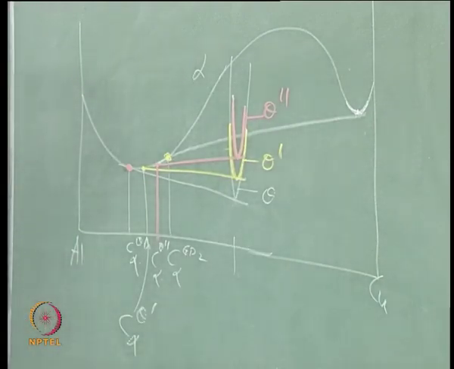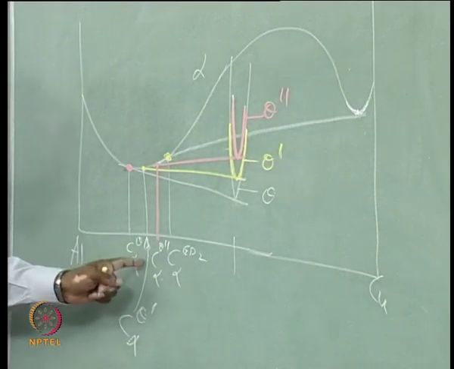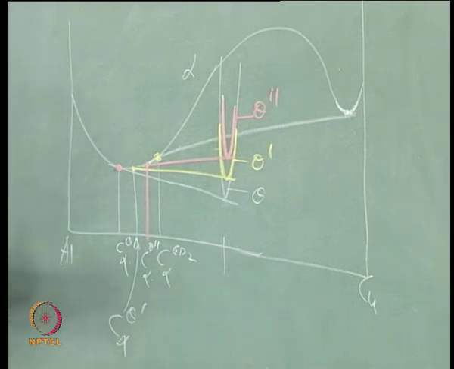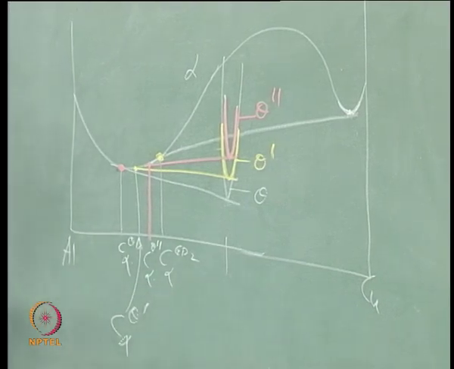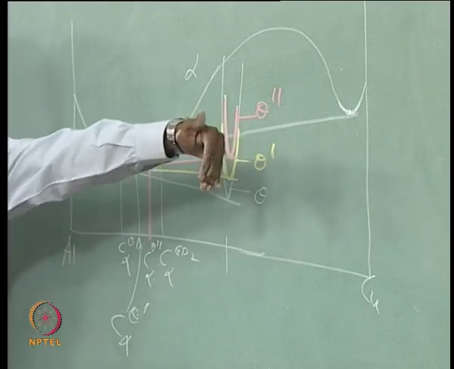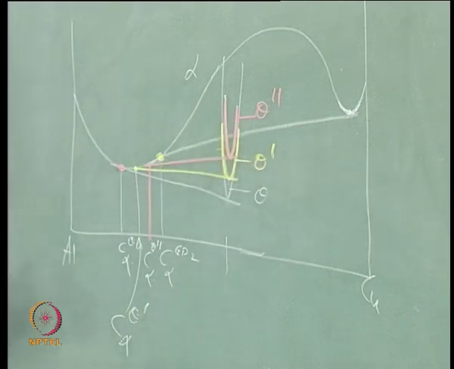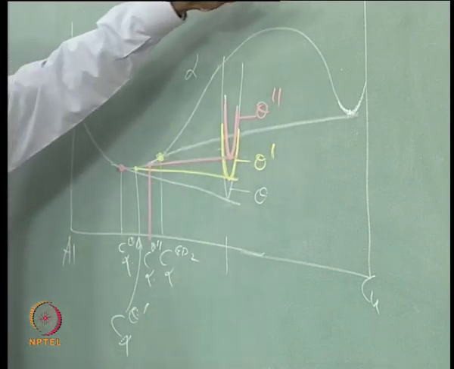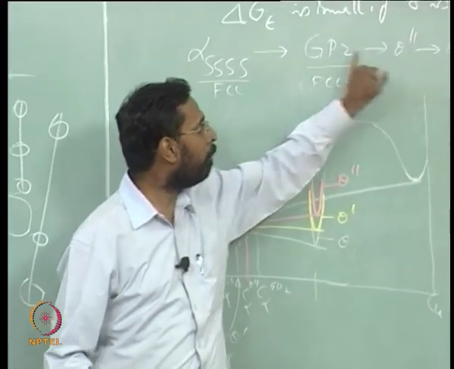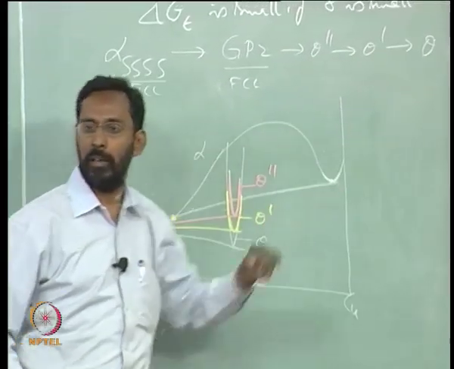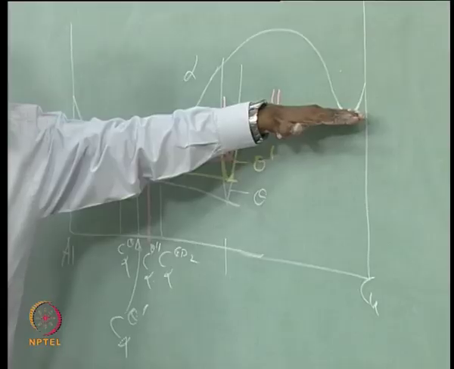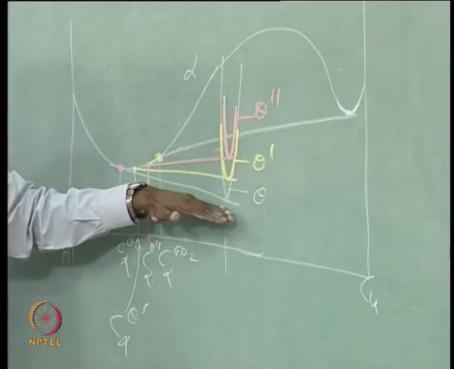No problem. So GP zones, theta double prime, theta, it will always be in that order. The composition of alpha in equilibrium with GP zones will have the highest solute content. The composition of alpha in equilibrium with theta will have the lowest, because you can see GP zones goes to theta double prime, then theta prime, and then theta. So the free energy levels, this is highest, this is lower, and this is further lower.